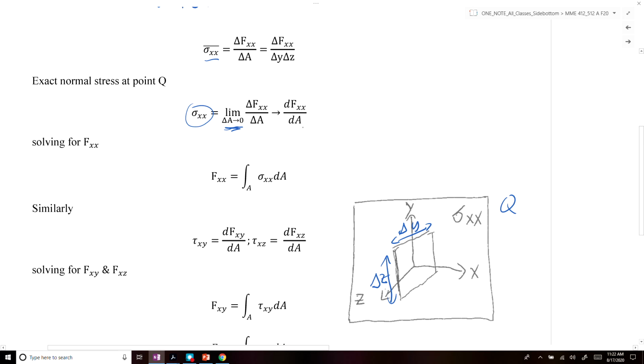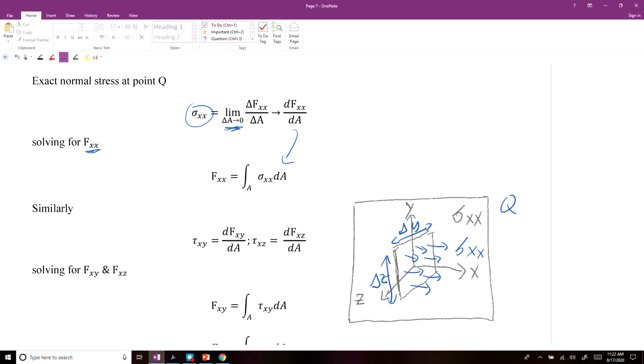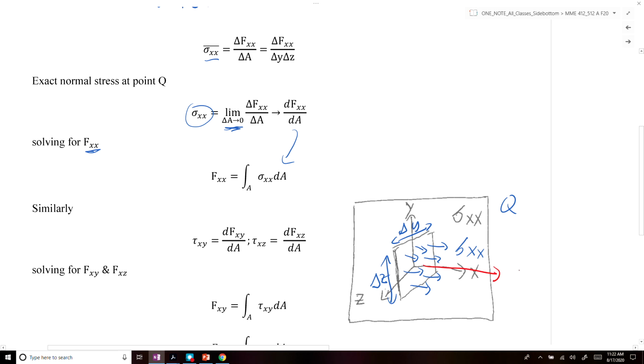Then we can solve for the total force Fxx along the element by using the stresses within the area around point Q. Visually, our internal stresses would be distributed around point Q, and this would be our sigma xx. If we summed up all of those stresses, we would get a single concentrated force Fx.